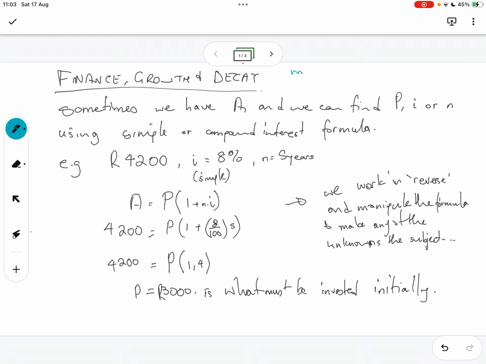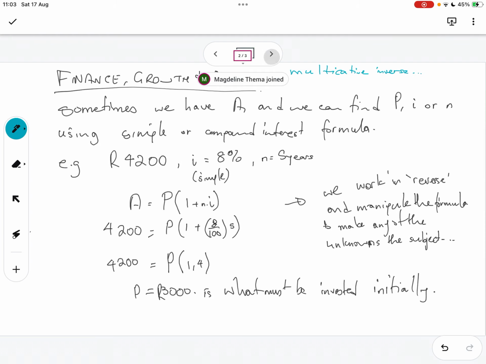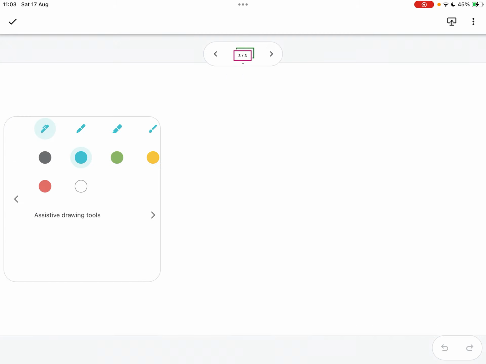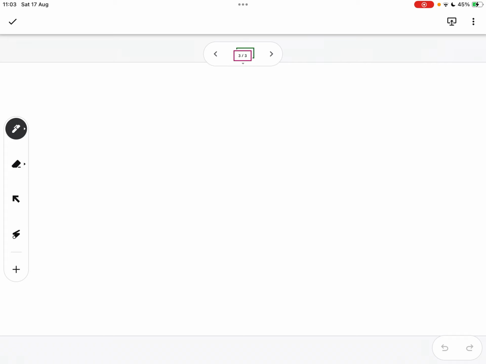This one is straightforward. It's mostly multiplicative inverses here. In the second one, we are eliminating the exponent outside the bracket. And then the third one, we will use log.